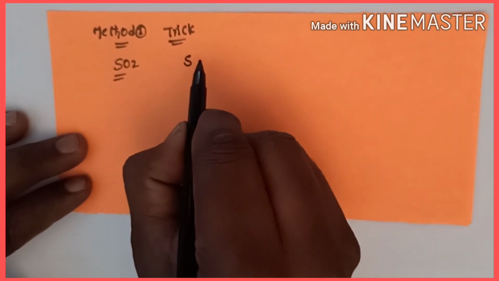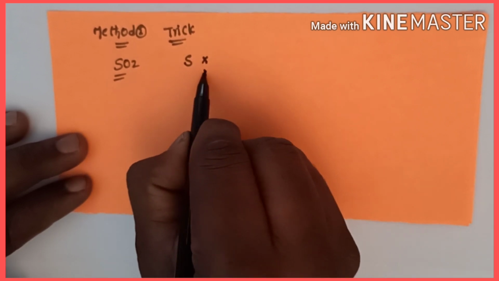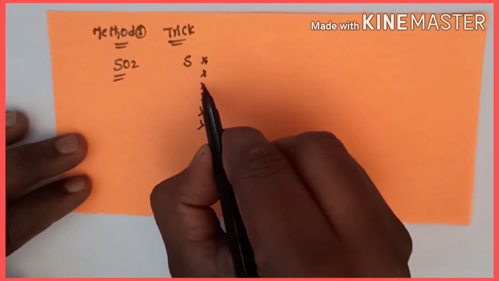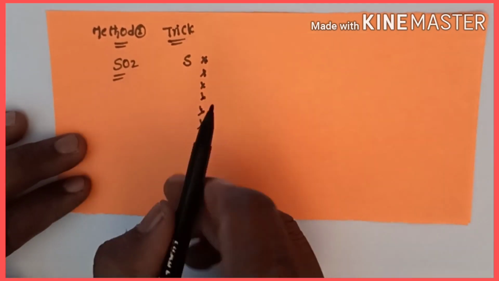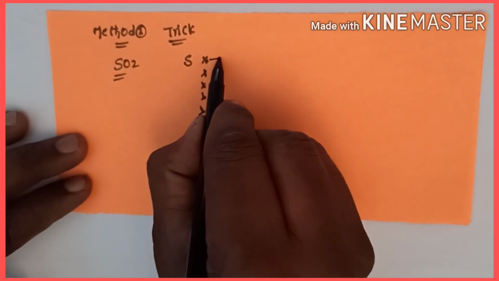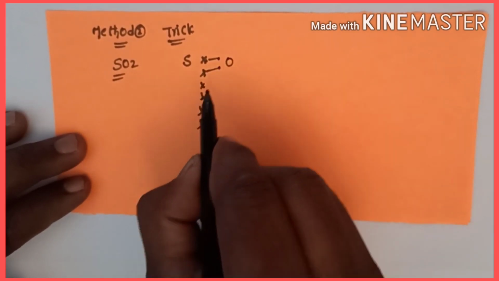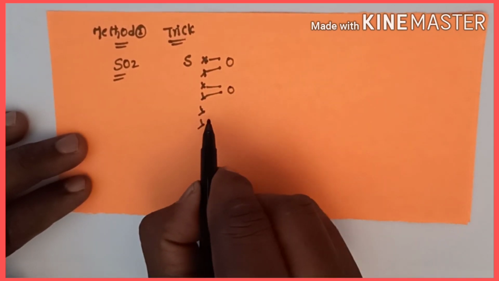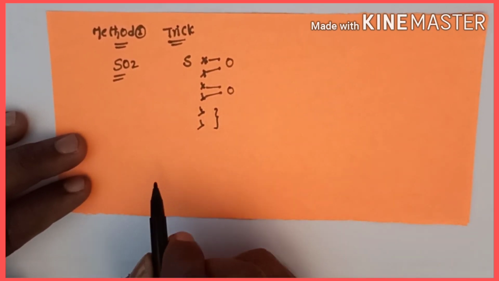Take sulfur's valence electrons in this way: 1, 2, 3, 4, 5, 6. Valence electrons of sulfur is 6. Now the first oxygen takes 2 electrons for bonding, the second oxygen takes 2 electrons for bonding, and one lone pair is pending.